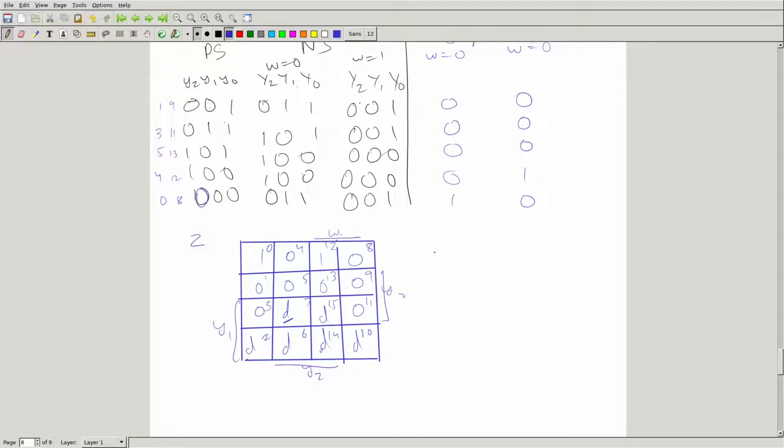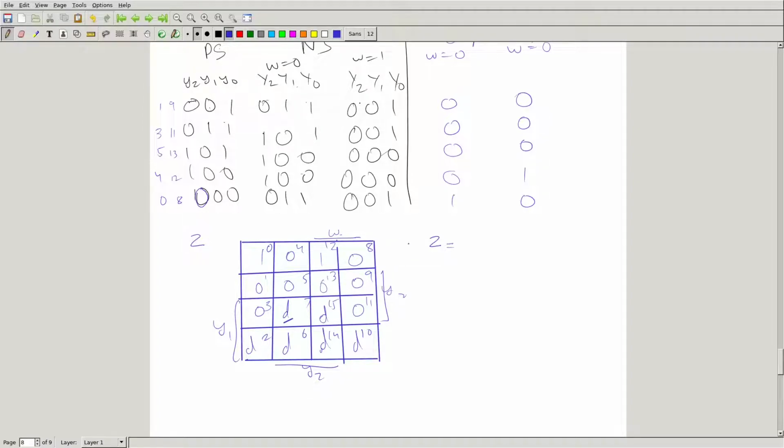So Z can be represented, there are only two ones, and they have all neighborhoods of zeros, and a lot of don't cares.